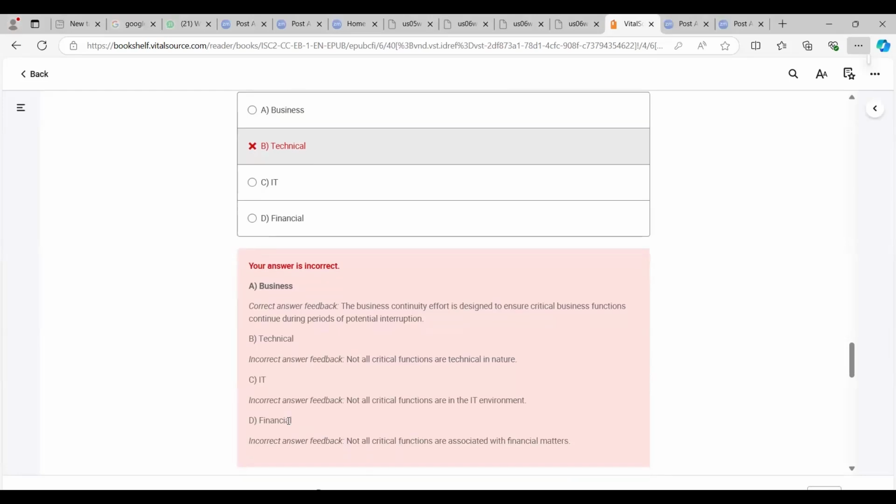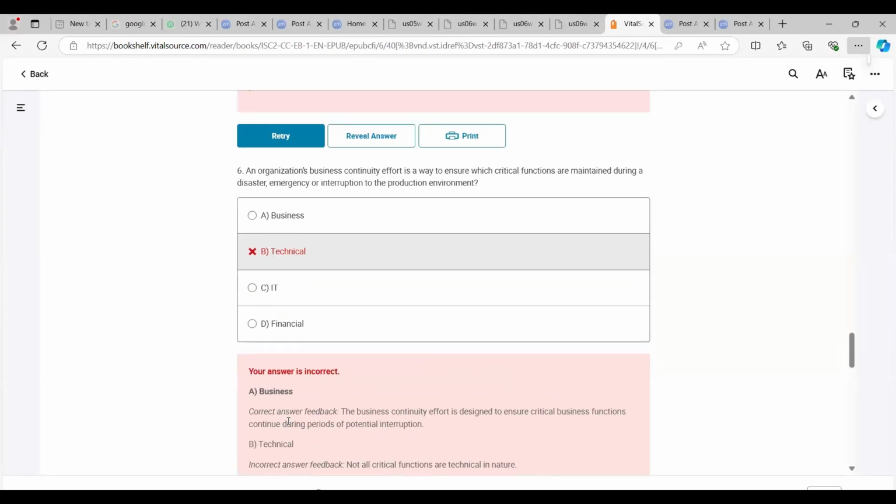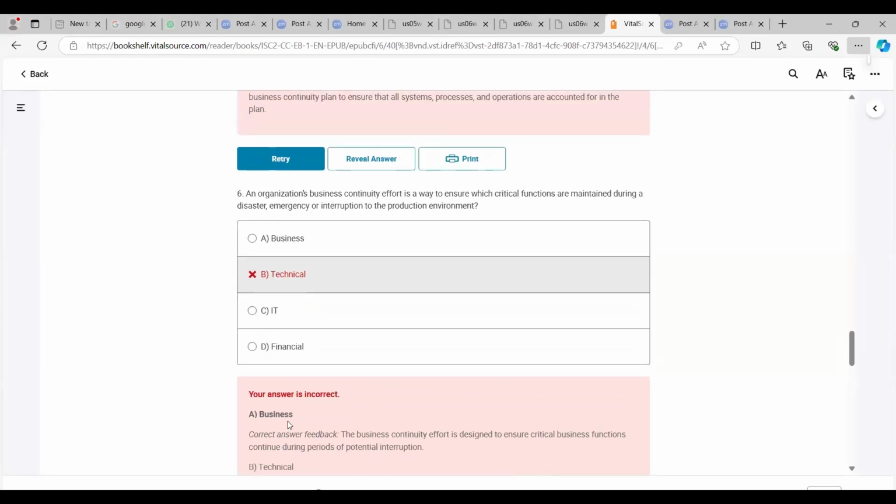Because the business continuity effort is designed to ensure critical business functions continue during the period of potential interruption. If you go back to the question, which organization's business continuity effort is a way to ensure critical functions are maintained during a disaster, emergency, or interruption to the production environment.